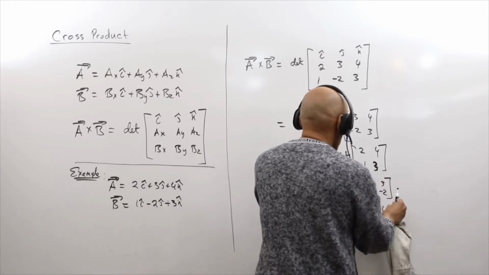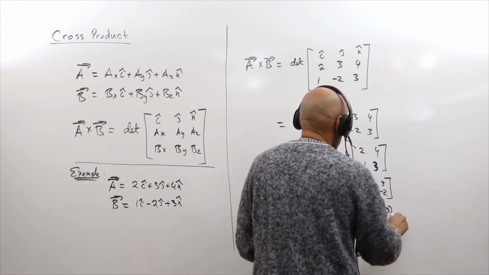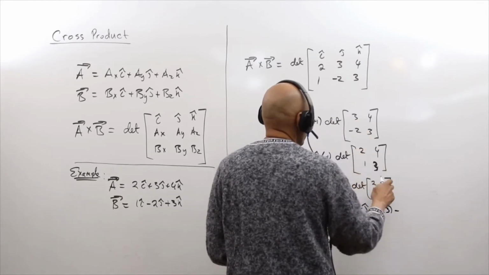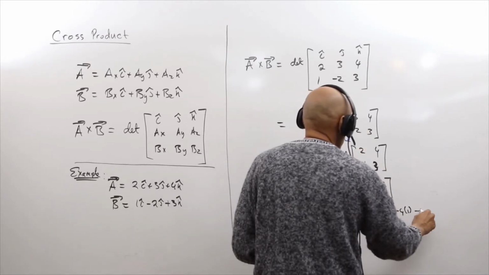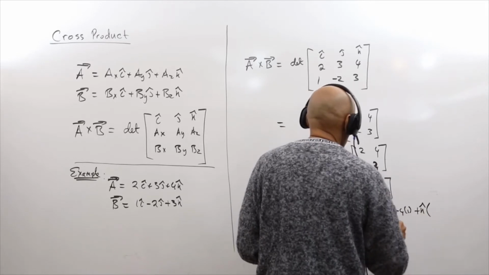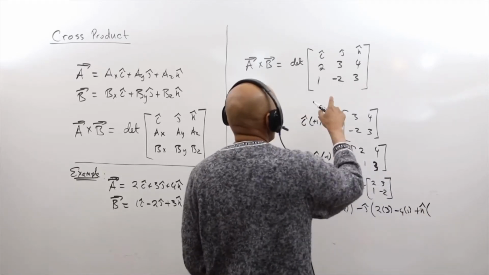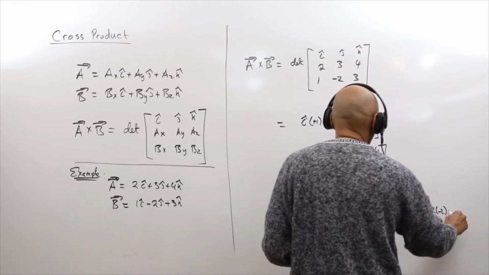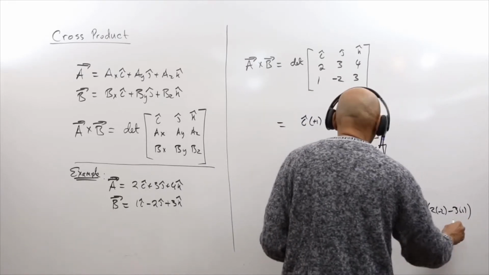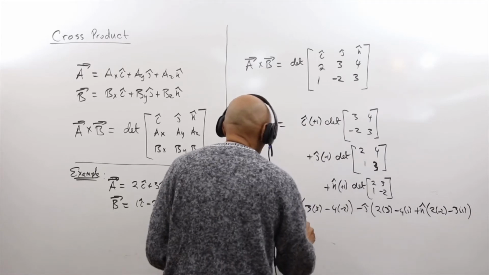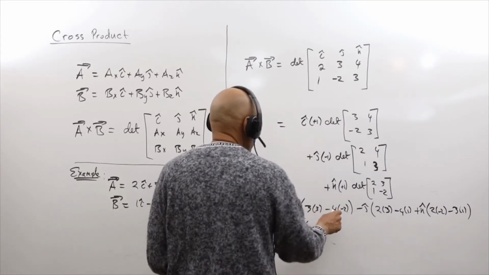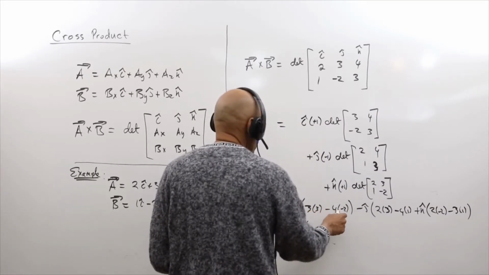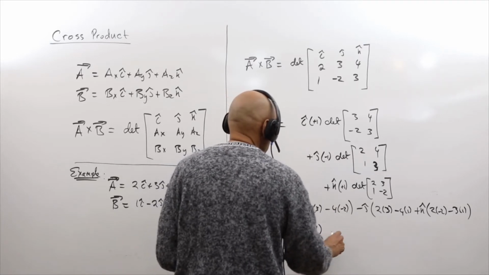So this is now j, 2 times 3 minus 4 times 1, plus a k vector. The k component is 2 times negative 2 minus 3 times 1. And so we're left with i, 9 minus negative 8, which is 9 plus 8, 17.